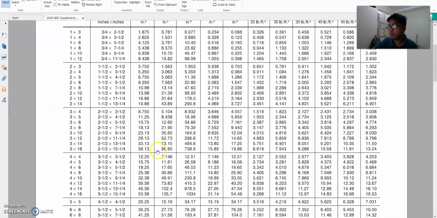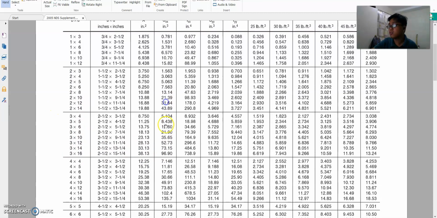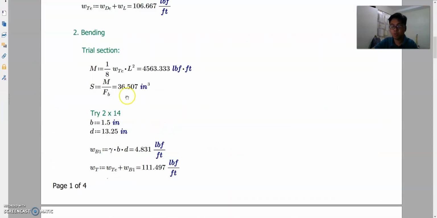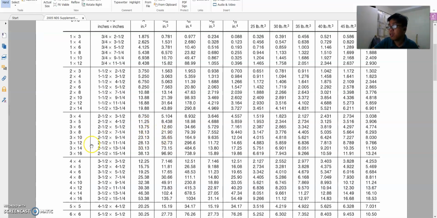We can also use in 3 inch, 3 by 12, right? 36.5. 3 by 12, right? We can also use 4 by 10, okay? Which is 49.91.